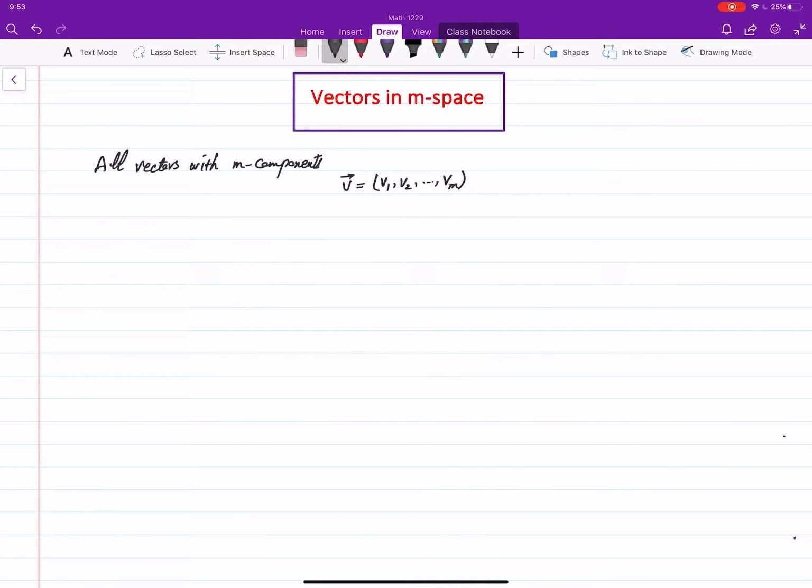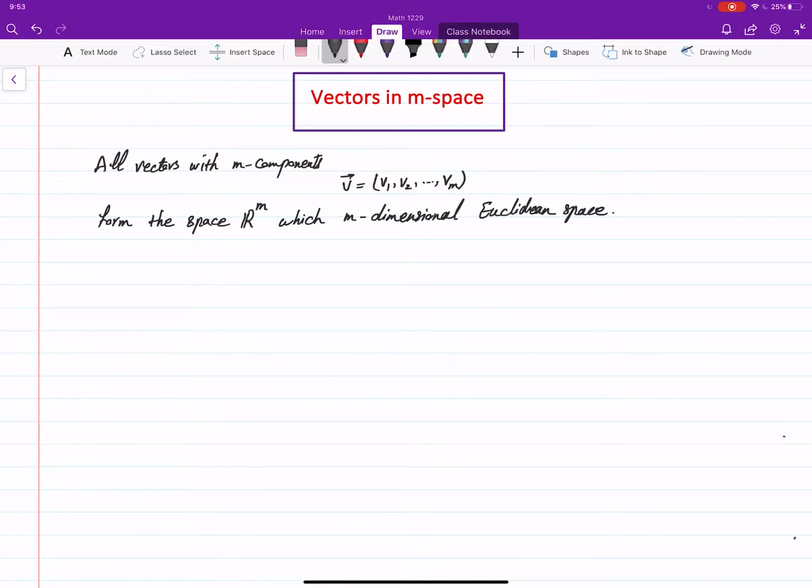All vectors with M components form the space we denote by R to the power M, which is M-dimensional Euclidean space.